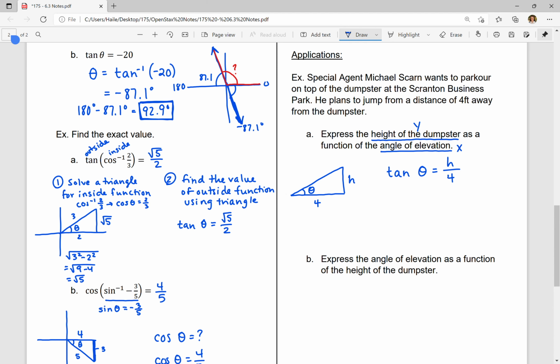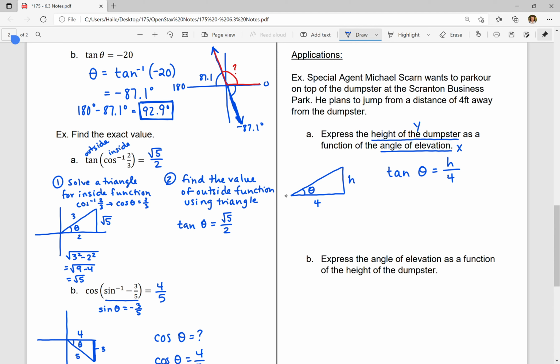So what we want here is to get h to have a formula with only theta in it. So we want to get h by itself, and everything on the other side of the equation needs to only have theta in it. Okay, so let's see how to do this.